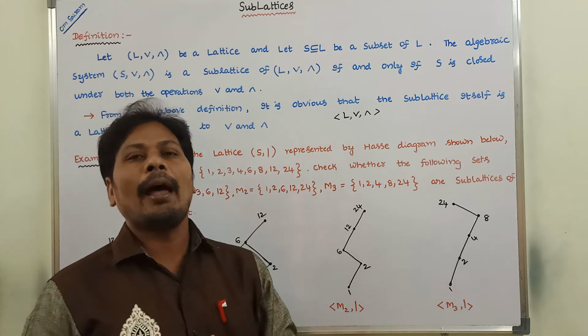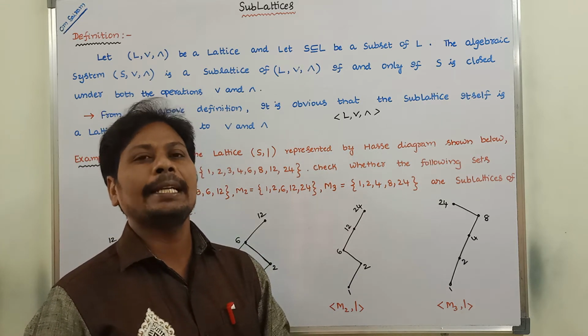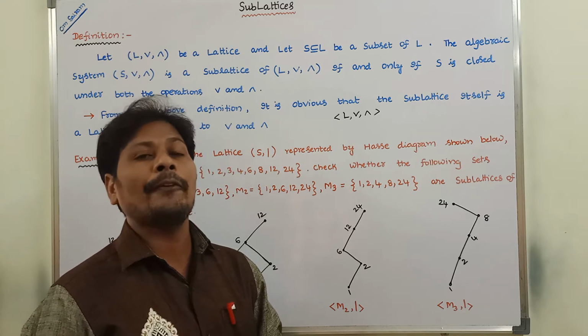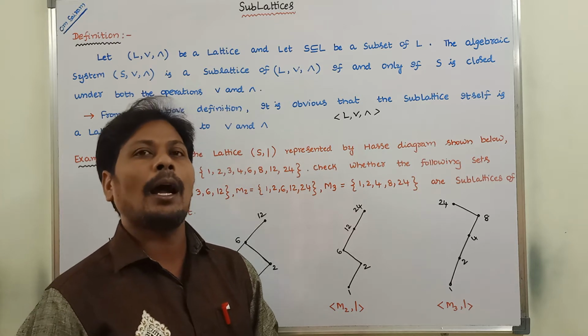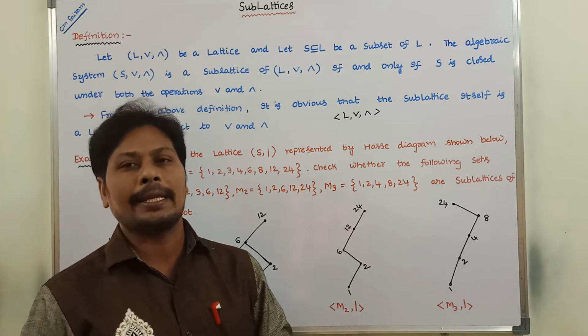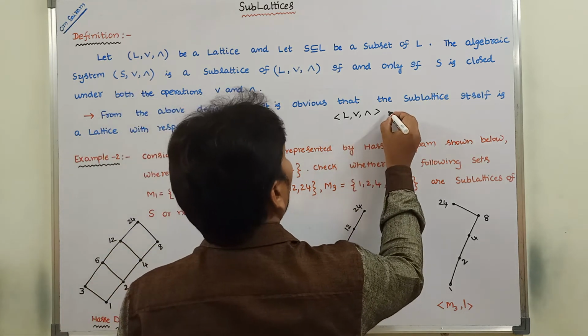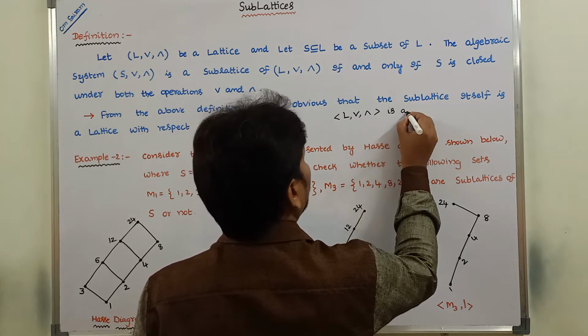By considering the elements of set L, we can take any pair of elements. For that pair, both the least upper bound and the greatest lower bound exist. Hence, we can say that L, join, meet is a lattice.